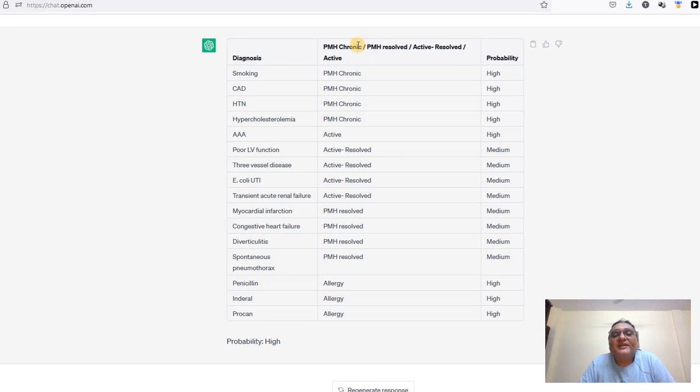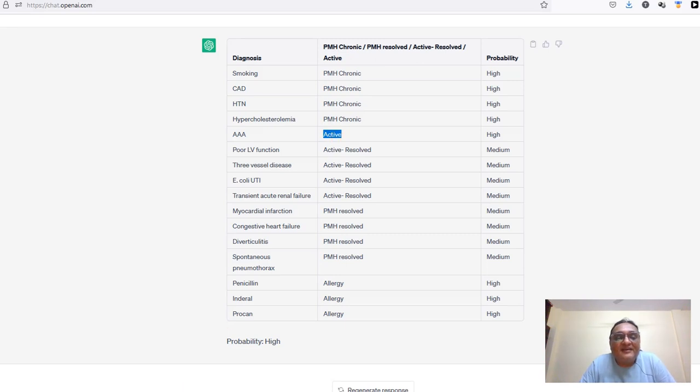Also, it tells about the condition, that this particular poor liver function is active, but it is resolved, because that is from the past history of the patient. So these things the patient had, but these things are already resolved. While these things are already present in the patient, this middle column, they are chronically present, and this is active. This is also active.